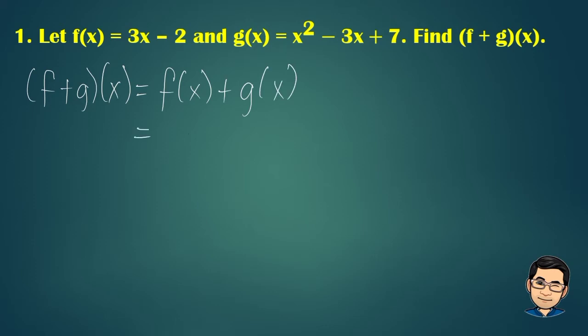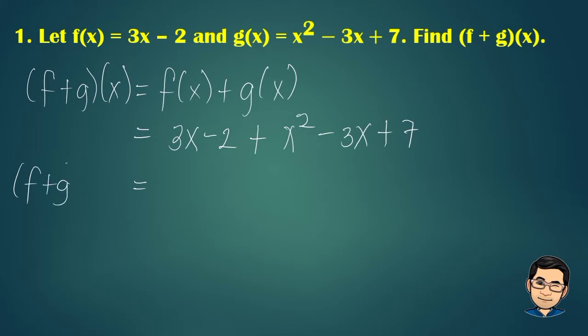So, ano yung f of x? 3x minus 2. And then yung g of x, x squared minus 3x plus 7. Now, combining the like terms, okay, so yung mga like terms natin dito, 3x and negative 3x, 2 and 7.